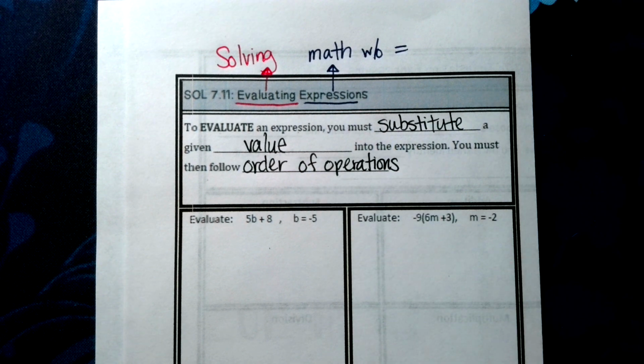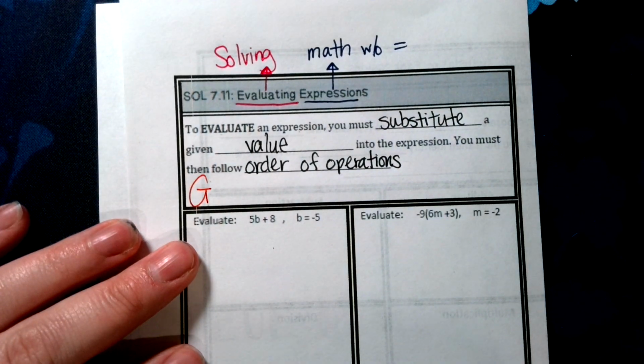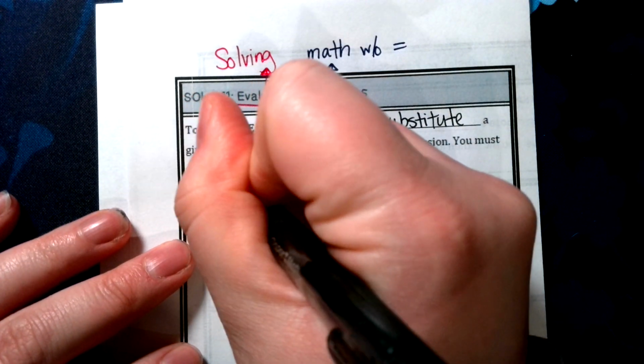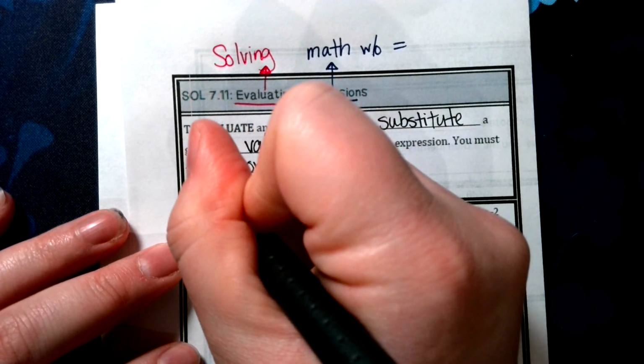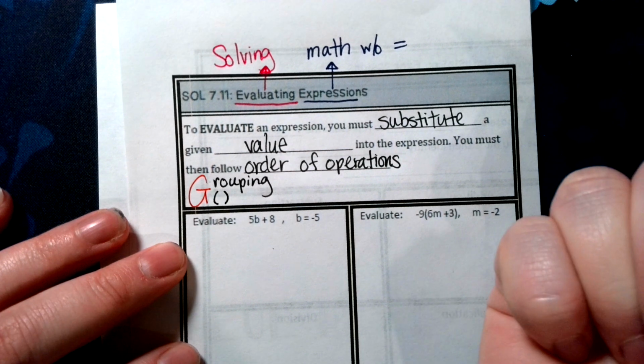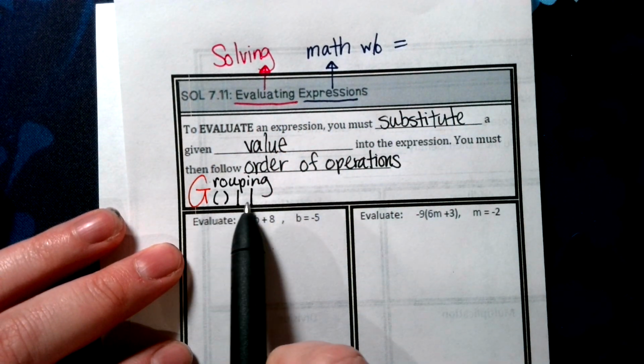Order of operations, do you guys remember what they are again? The G stands for grouping. Sometimes grouping will be parentheses. Sometimes grouping is going to be absolute value lines. You will see both of those.